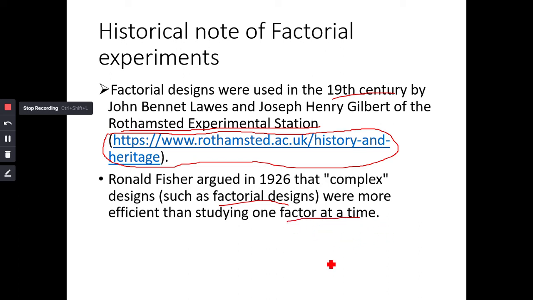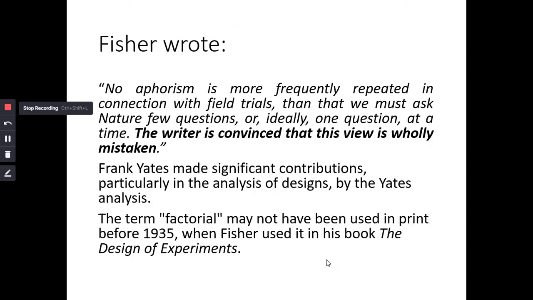In fact, Fisher wrote, these are his words, no aphorism is more frequently repeated in connection with field trials than that we must ask nature few questions, or, ideally, one question at a time.